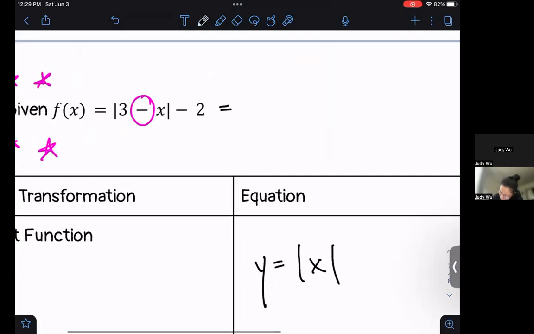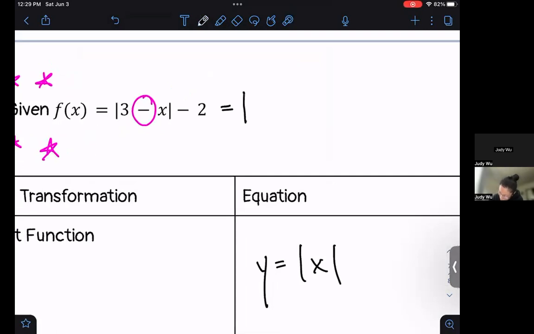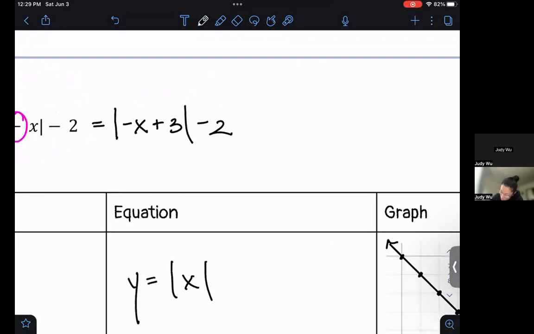And here's what I mean by that. Absolute value of negative x plus 3, minus 2 is the same thing. But now I actually need to factor out this negative. So absolute value, negative 1, parentheses, x minus 3, close it, minus 2.